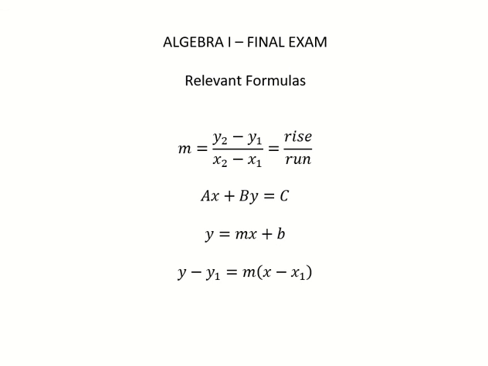Ax plus by equals c. Y equals mx plus b. Y minus y1 equals m times the quantity x minus x1.